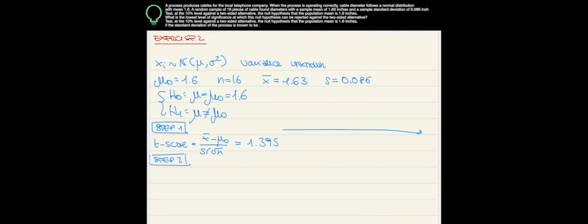P-value is the probability of our t-score distribution being higher than 1.395 or lower than minus 1.395, right? So this red area is equal to the p-value.